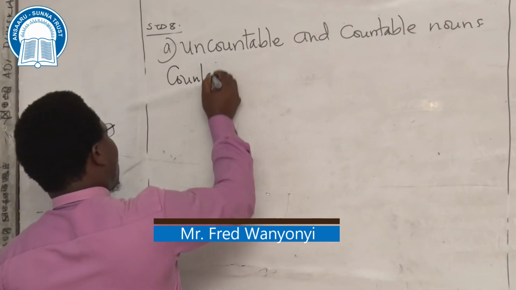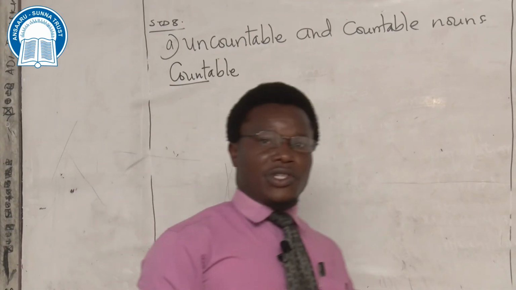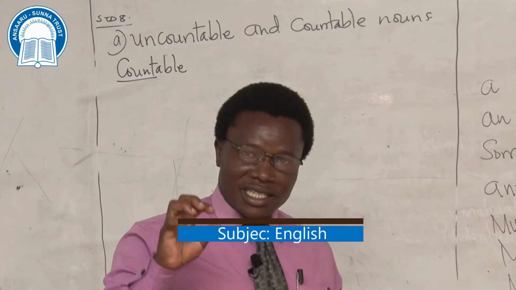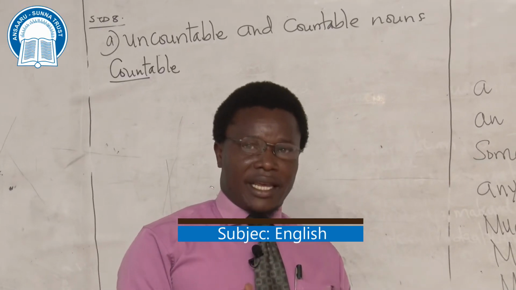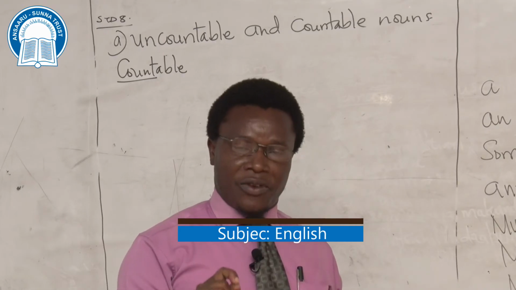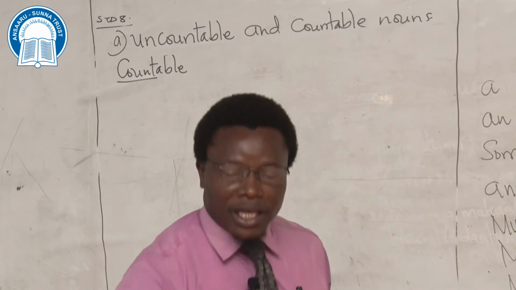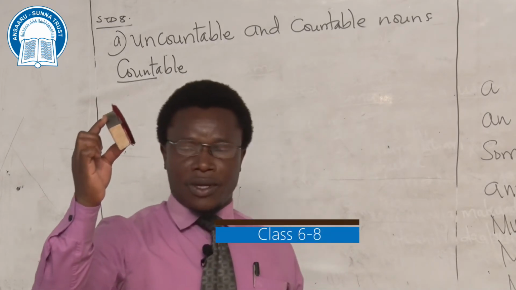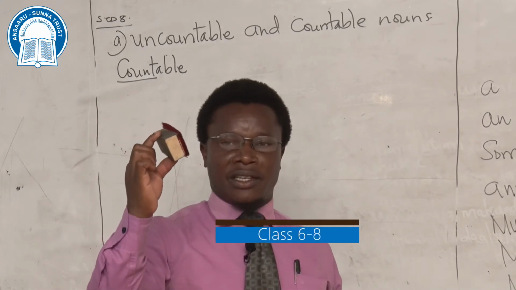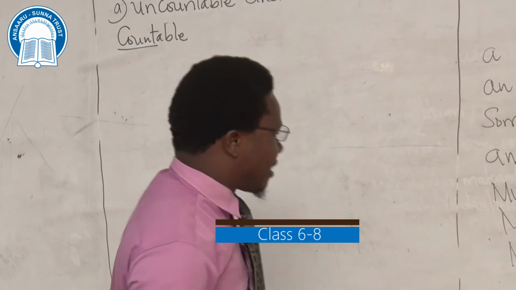Countable nouns, from the word count, refer to names of those nouns which one is able to count and come up with a specific number. If I talk of this object is a duster, I'm able to call it a duster.